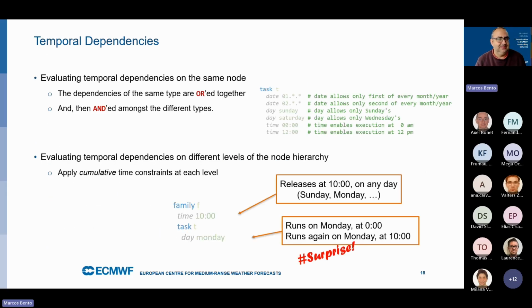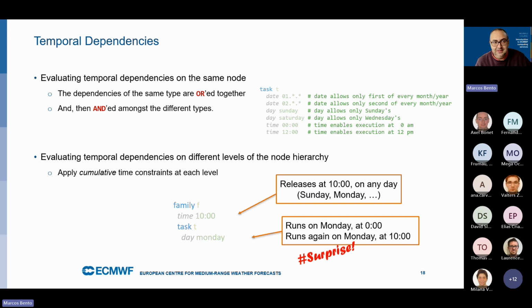It's important to note that when evaluating temporal dependencies on the same node, dependencies of the same type are ORed and of different types are ANDed. This has practical implications. For example, this means this task T is going to run on day 1 or 2, if it's either a Sunday or a Saturday, if it's either 0 or 12, right?